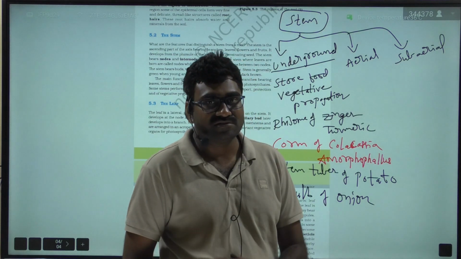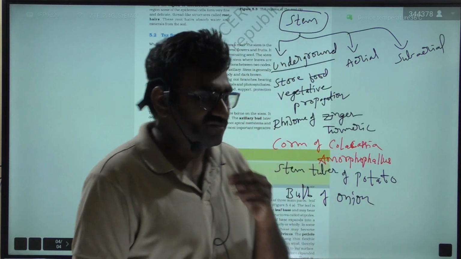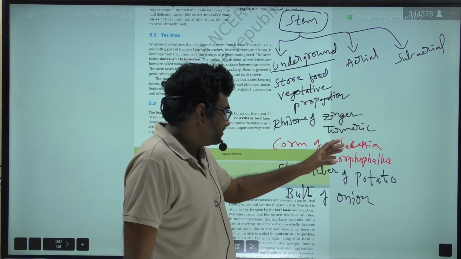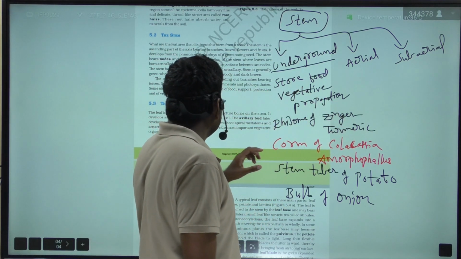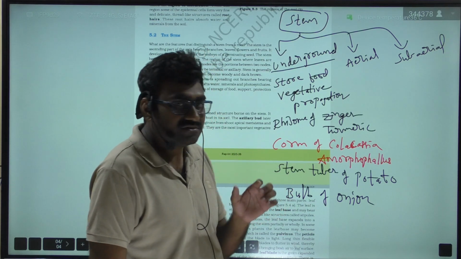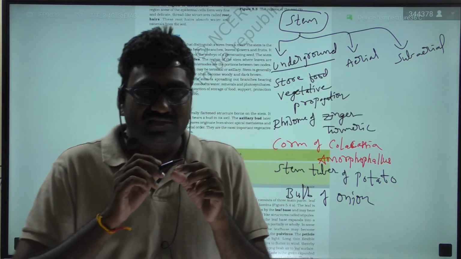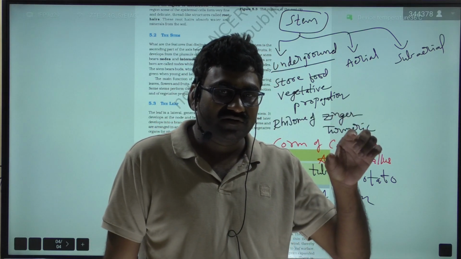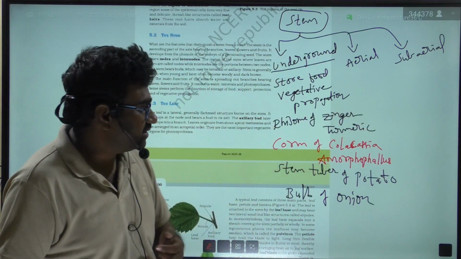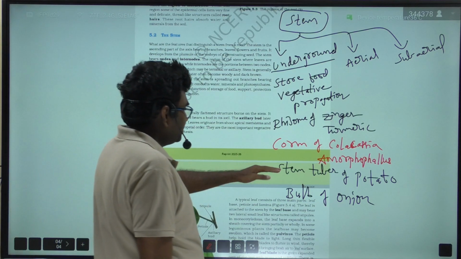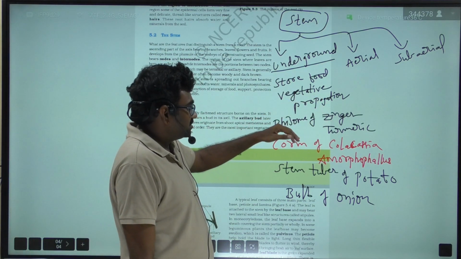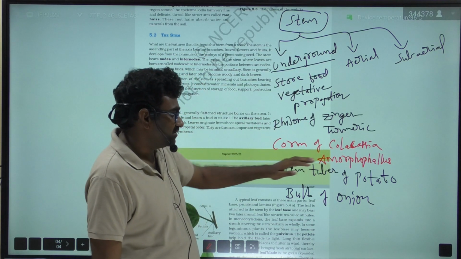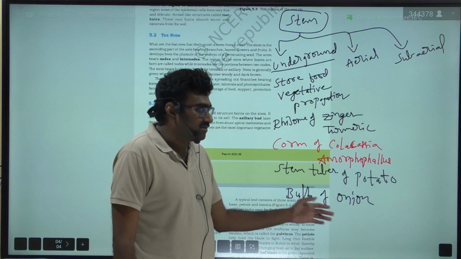Here the stem is modified under the ground to store food materials, and also helps in vegetative propagation. If you look at the potato, you will find some eyes or buds present on it. If you place the potato in the soil, it develops into a new individual. That is nothing but vegetative propagation.